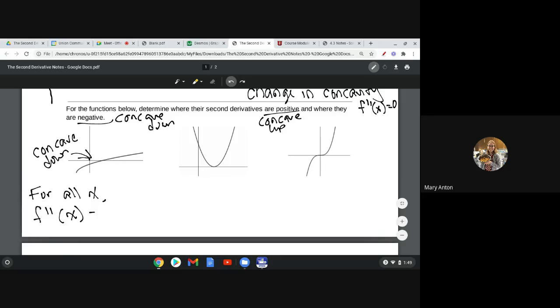Negative. How about our second function? It's all concave up. So what does that mean about our second derivative? Our second derivative is positive.